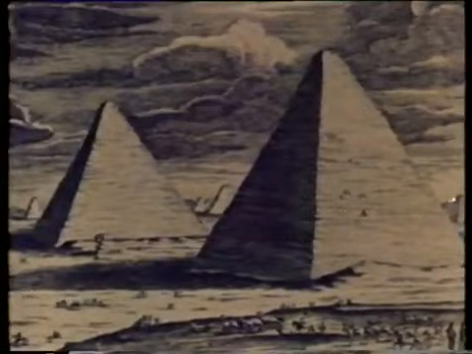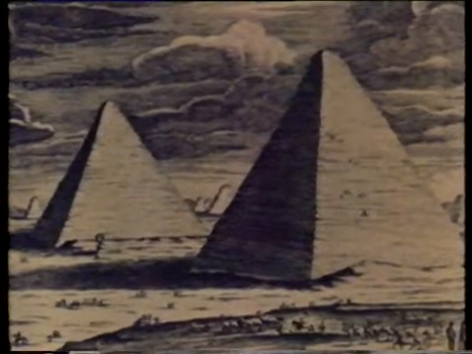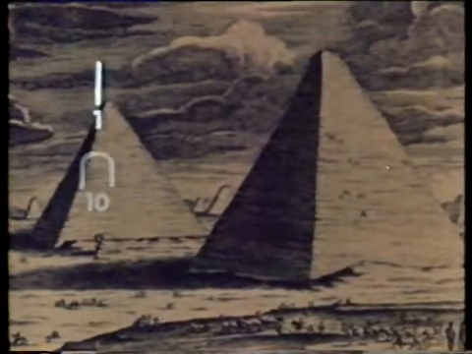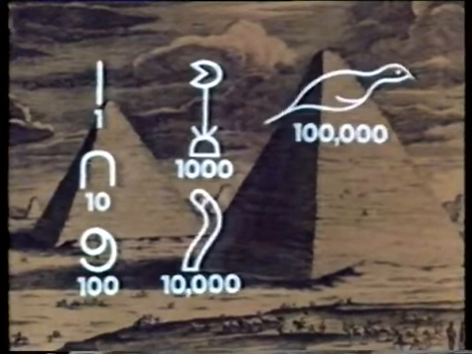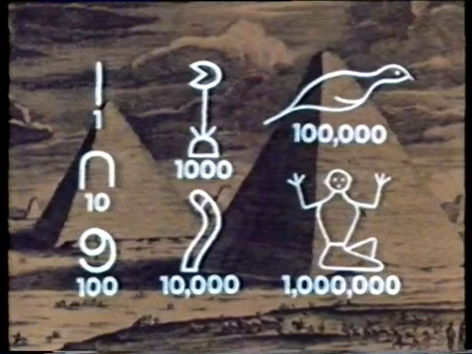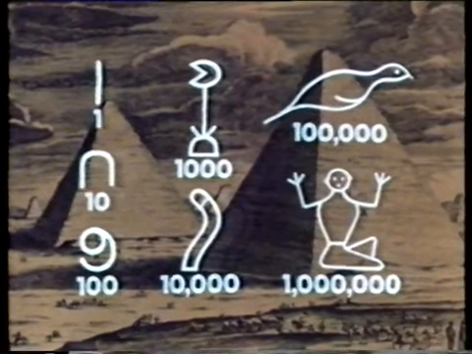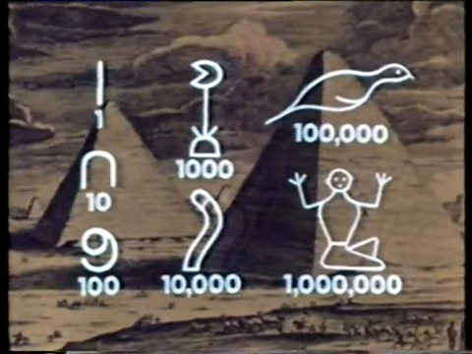It was a purely decimal number system like ours, but it was not a place value system. They had separate symbols for 1, 10, 100, 1,000, up to 1 million. The symbol for 1 million is a man throwing up his hands saying, "What a large number is this!"